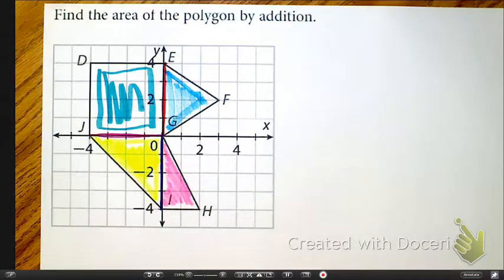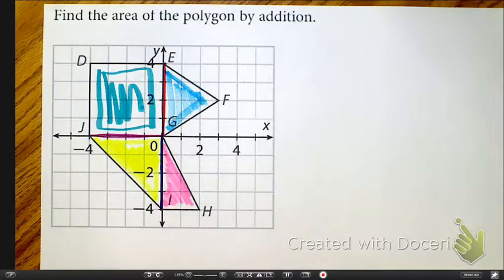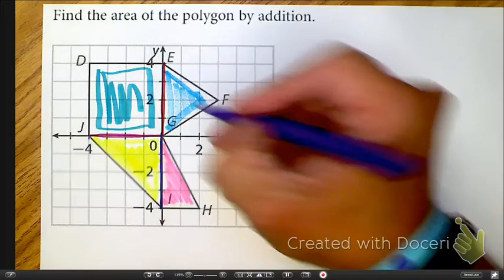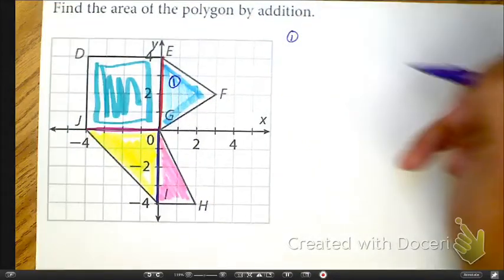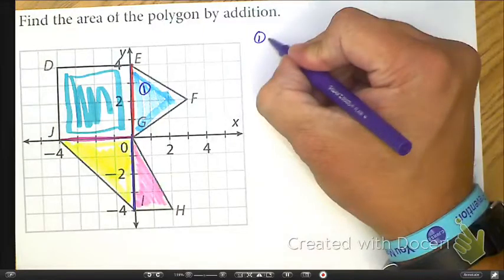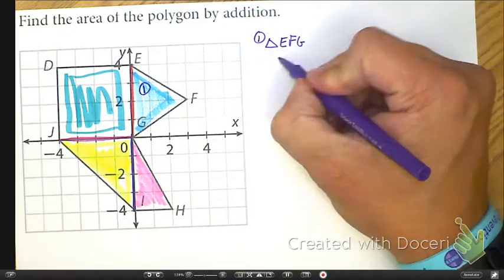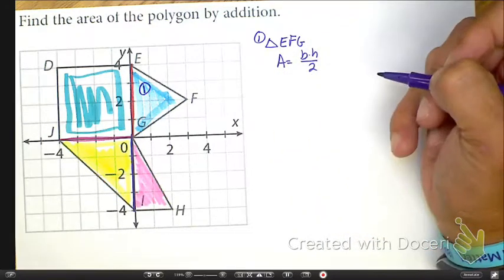This time, to find the area of our composite shape, this weird looking shape, D, E, F, G, H, I, J, we're going to find the area of the 4 parts. Call this part number 1. Triangle EFG. Again, triangles, base times height divided by 2.